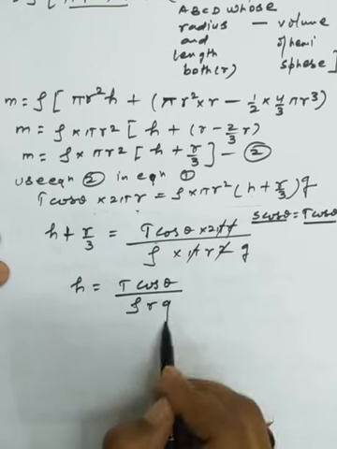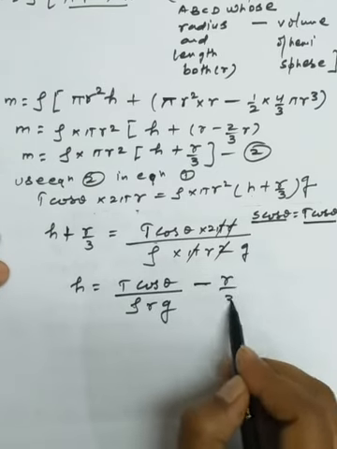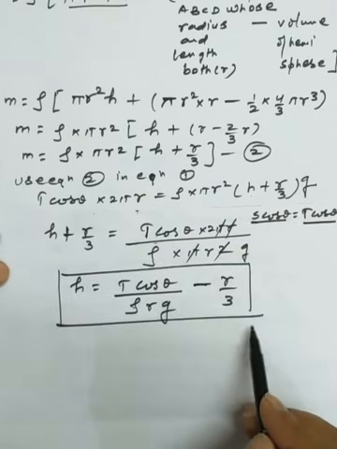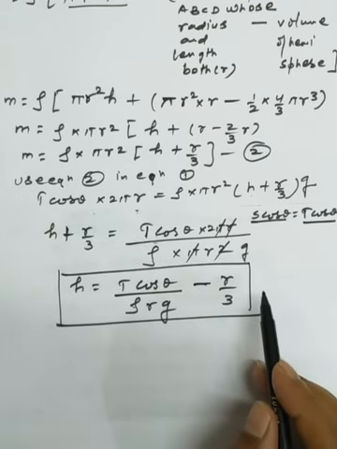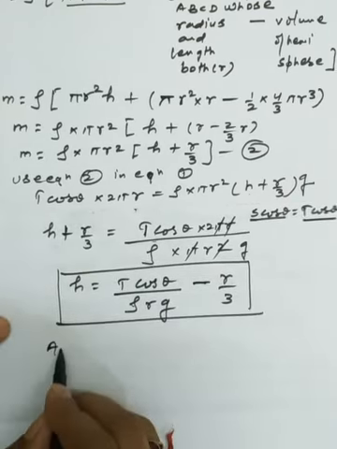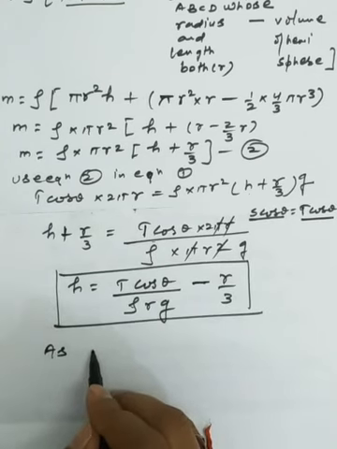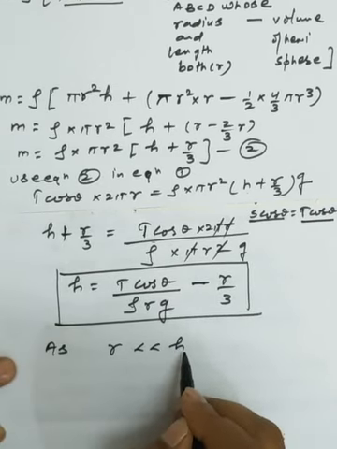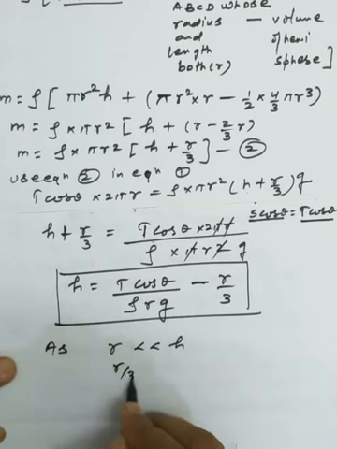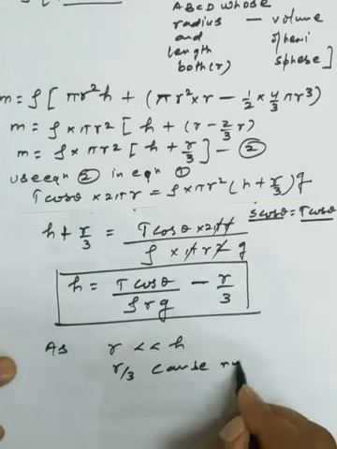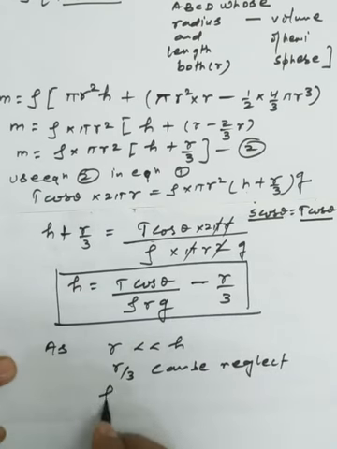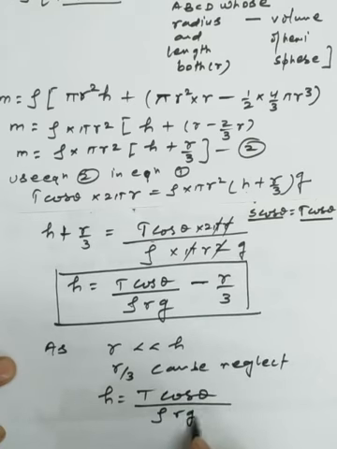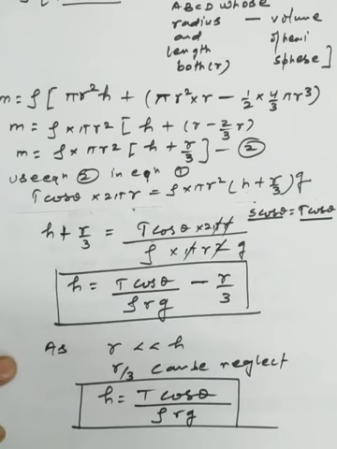We are taking the liquid amount that is trapped inside the meniscus, and the tube is very fine bore, so we get this one formula, and already we have discussed in the first method, as r is less than h, so we are neglecting it. r by 3 can be neglected, so the formula for h we can write as T cos theta to be divided by rho r g. So this is the simplest representation of that portion we have.